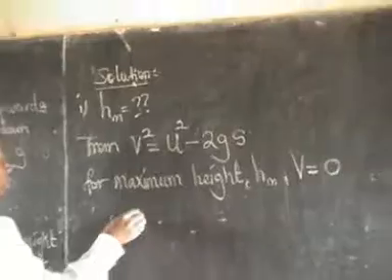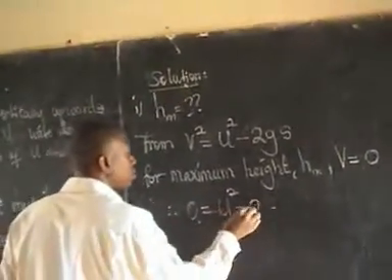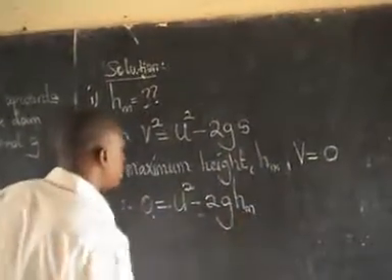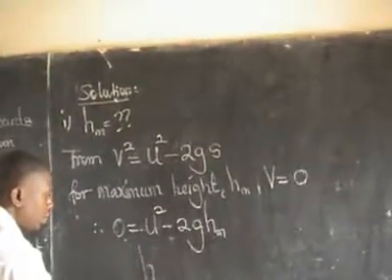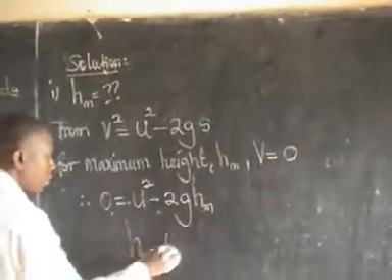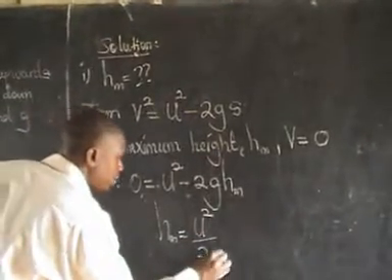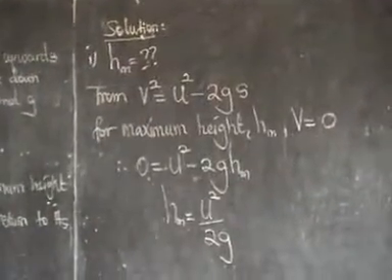So 0 is equal to u squared minus twice g, and where there is s, I'm going to put hm. So when I make this the subject, we shall get hm is equal to u squared divided by 2g. So that would be the expression for the maximum height.